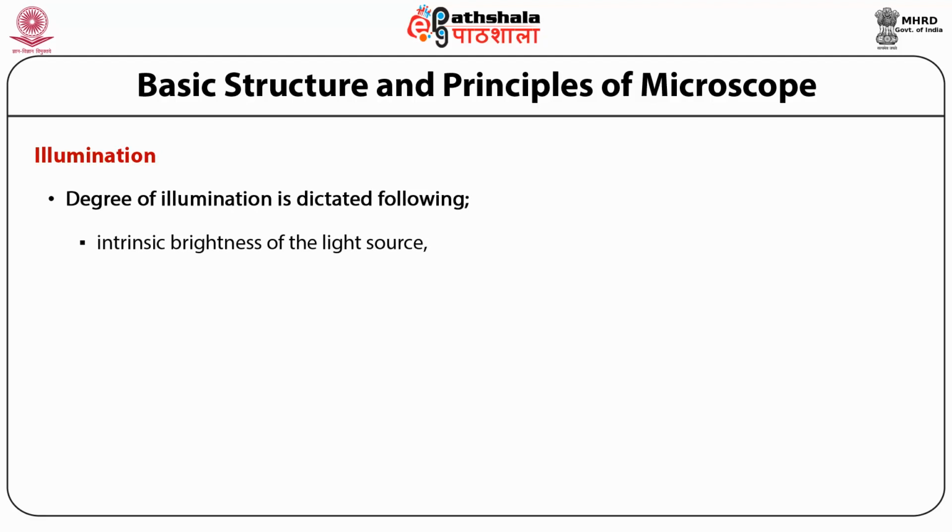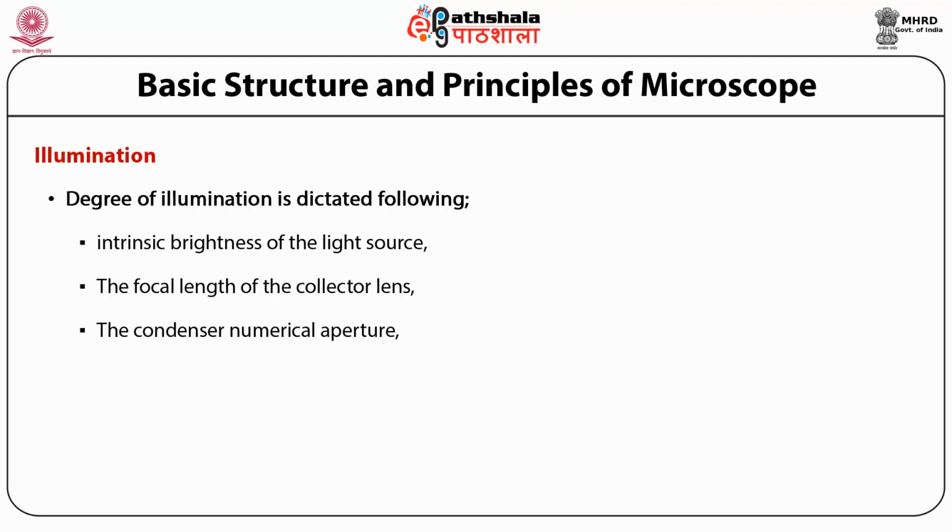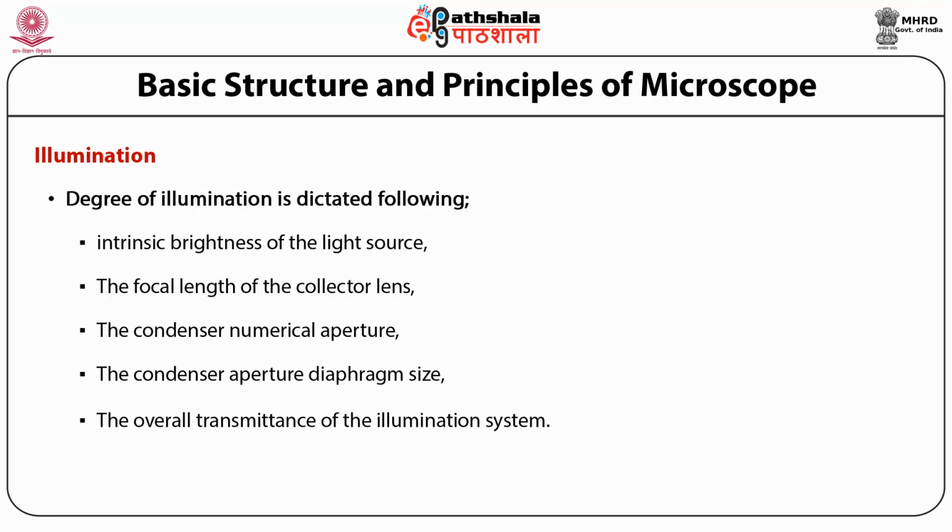One of them is the intrinsic brightness of the light source, the focal length, the distance that we have between the collector lens and the source, condenser numerical aperture, condenser aperture diaphragm, and overall transmission of the illumination system. So these are the things in combination which are very important for illumination.